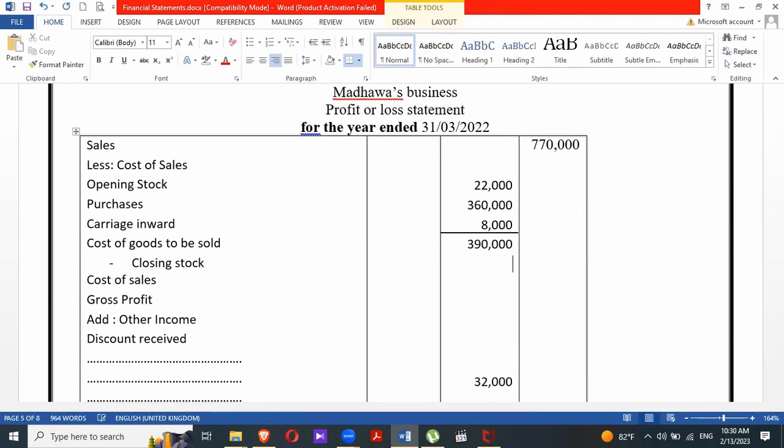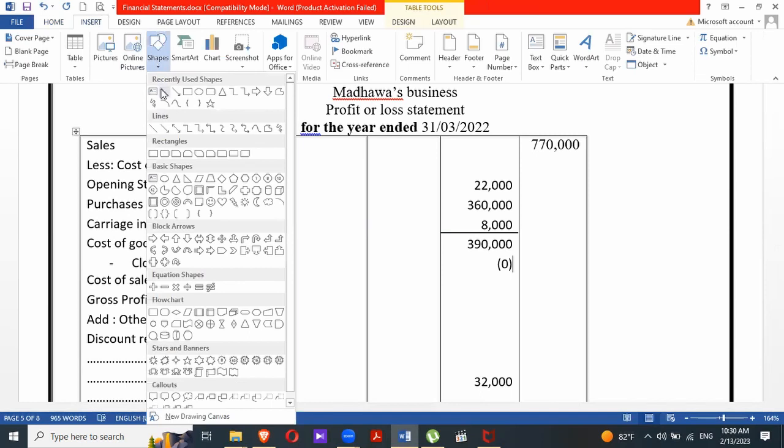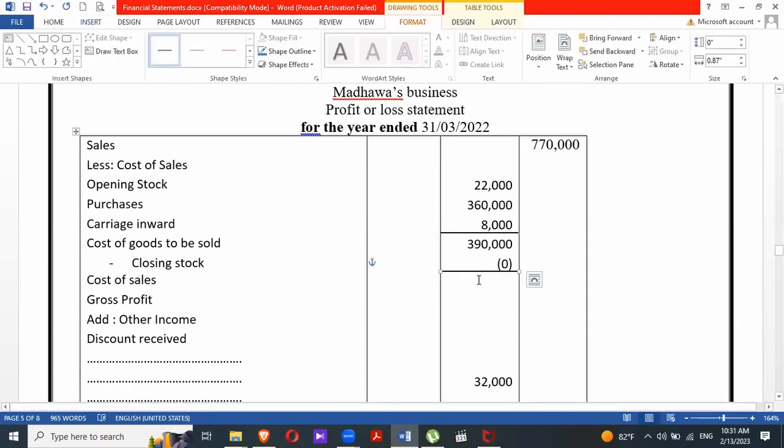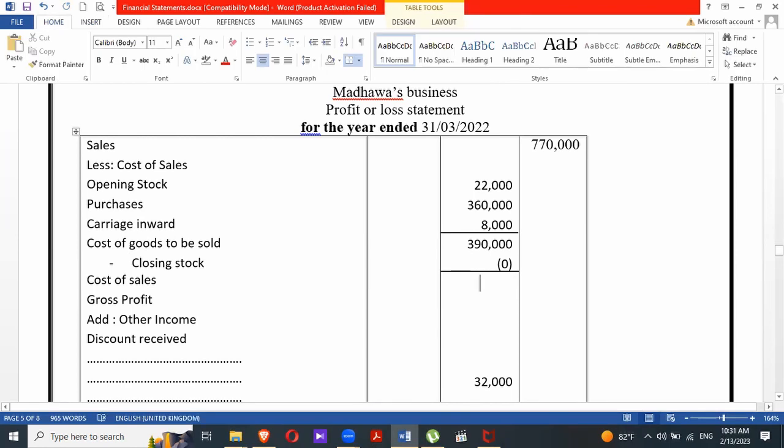So here closing stock is 0. You can put it within brackets, 0. Then cost of sales, we can take the answer as 390,000 because there's no closing stock available, right? Due to that, closing stock, cost of sales also 390,000, same value.